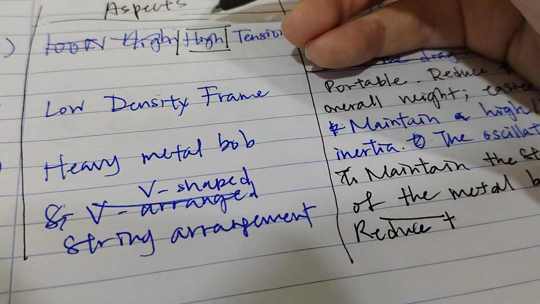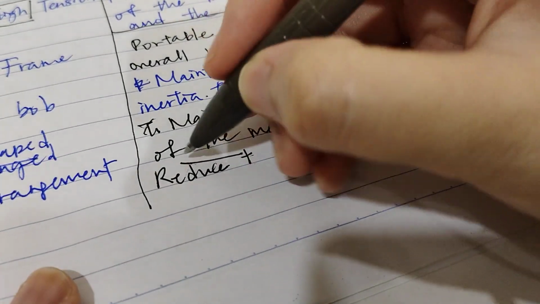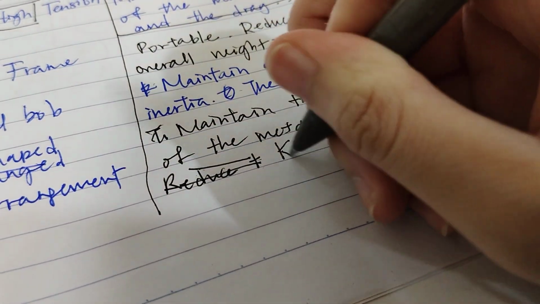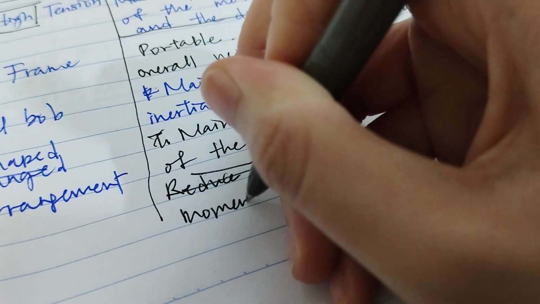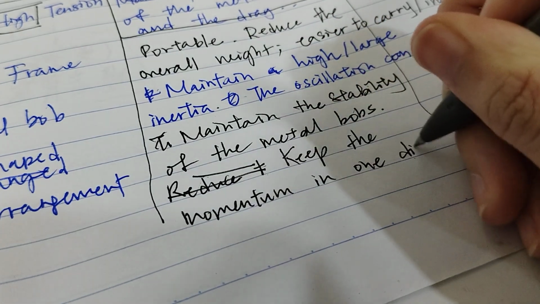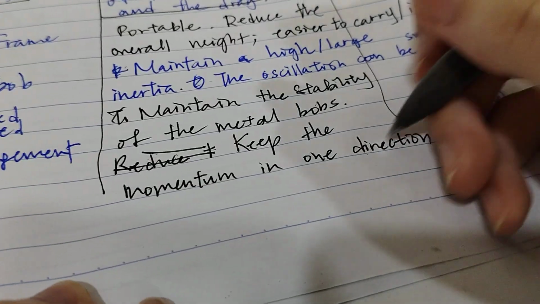It's almost contradicting to say that you want high tension and then to reduce the tension. So I'm actually going to cut this answer out and just straight away say to keep the momentum in one direction. Hey, one direction mentioned.